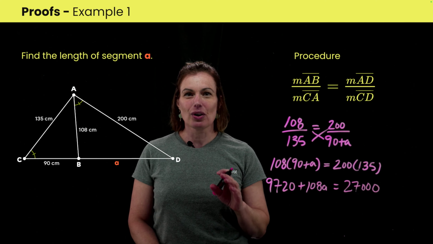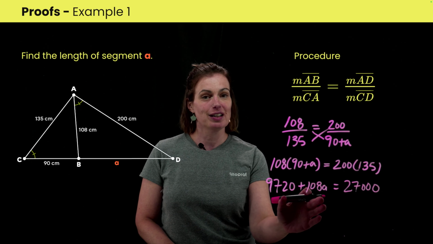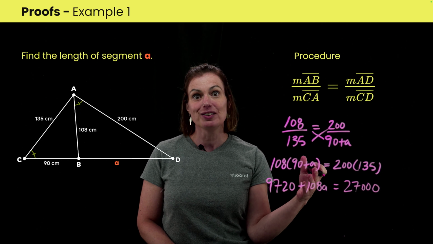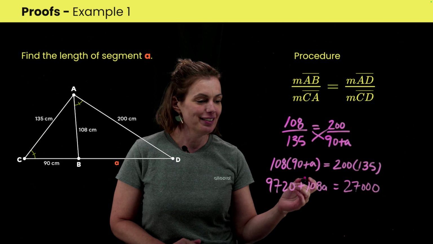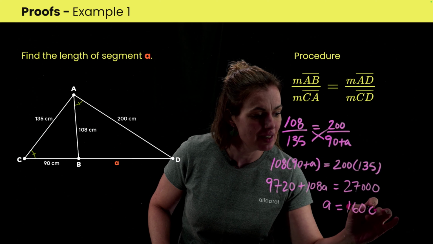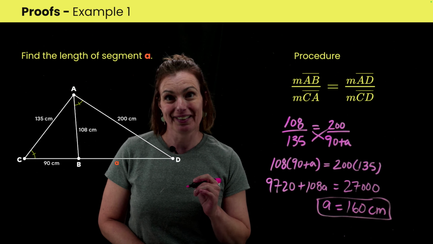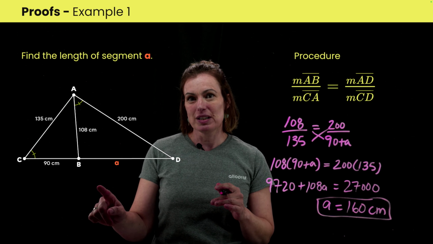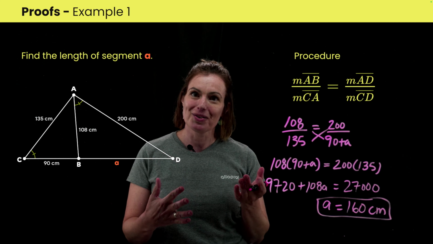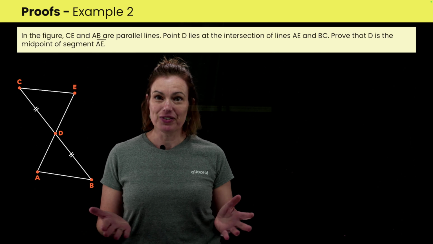Now, you guys are all in Sec 4 or above, so I'm not going to bore you with the details on how to isolate for A, but that's what you're going to go ahead and do right now. I've already done it, so I know that A is going to equal 160 centimeters. Your answer should match mine, right? And we know now that the missing length here, A, is 160 centimeters long. We're done. And we're ready for our second example.